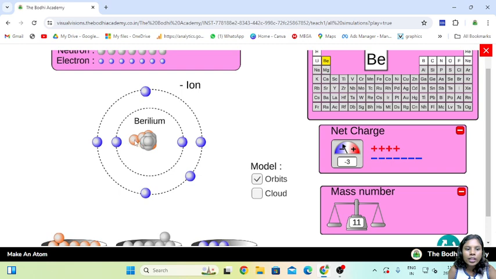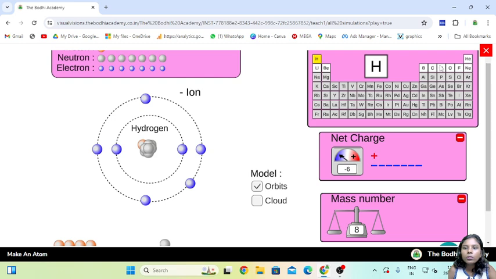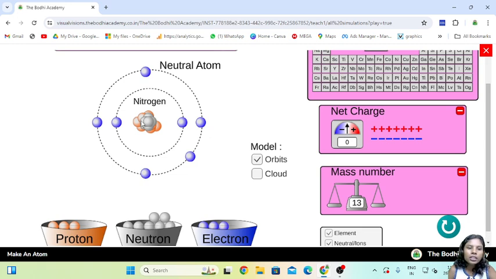Then if I remove another one, lithium, then helium, and lastly we'll get hydrogen. So that is the trend that is being followed here. Now again say you have nitrogen. The neutron count doesn't change the element that is present, only changing the protons changes the element.